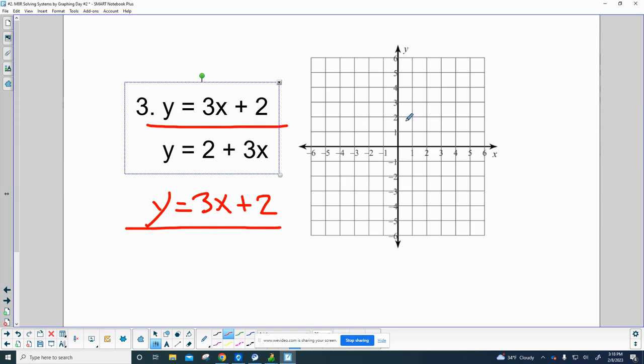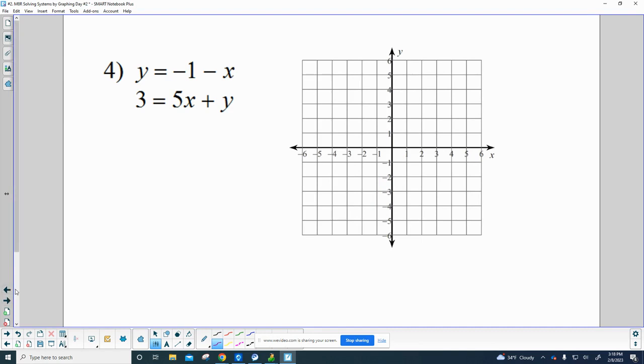So if we were to graph it, starting at 2 on the y as the y-intercept, and go up 1, 2, 3, and over 1, or down 3 and back 1, we're going to have a line that comes right up through there like that, and it's going to do it twice because both equations are the same. So in that case, you're going to have infinite solutions.